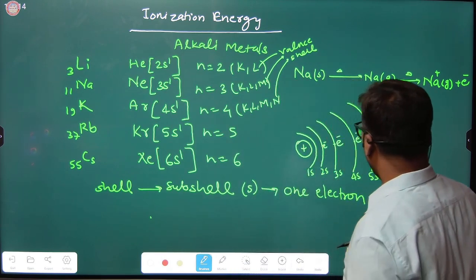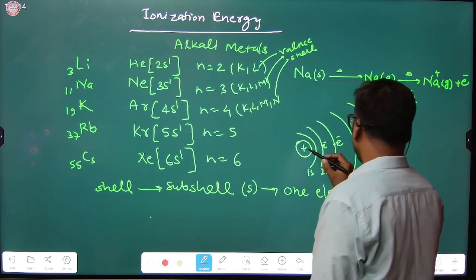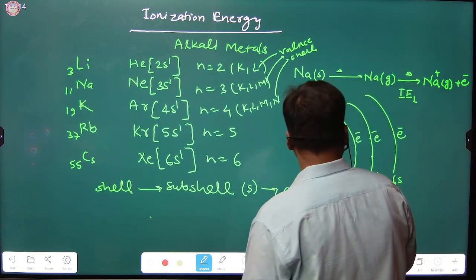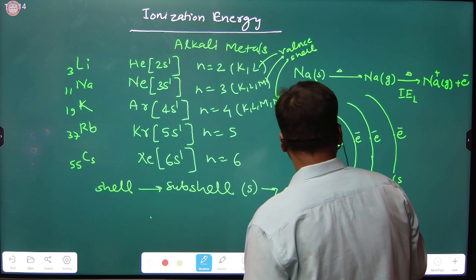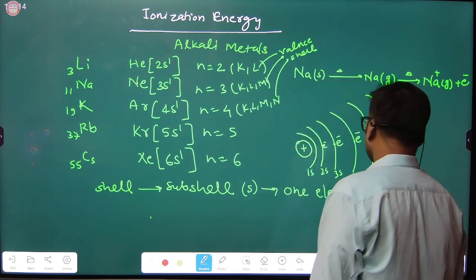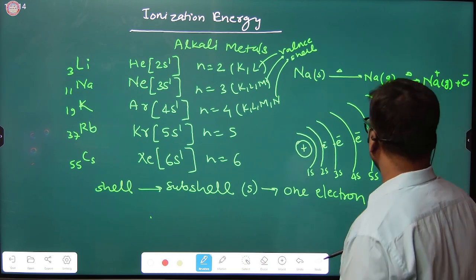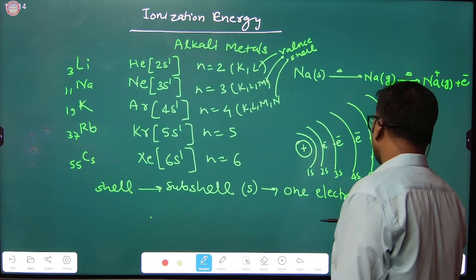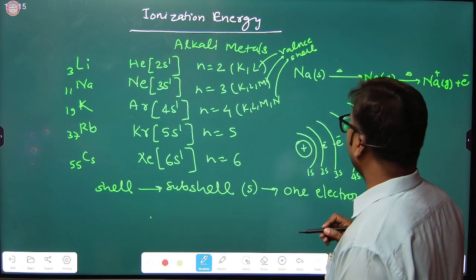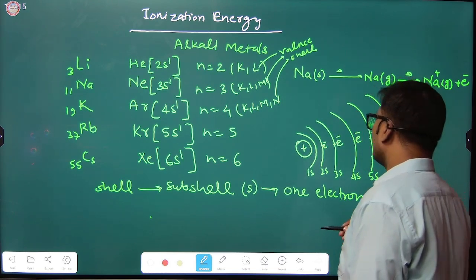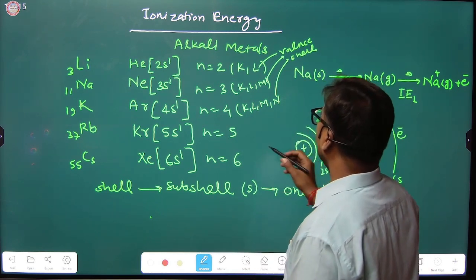What you are observing here is that the nuclear positive charge attracts this negatively charged electron towards itself because of the electrostatic nuclear force. The outermost valence electron, located in the s orbital, is very close for lithium.